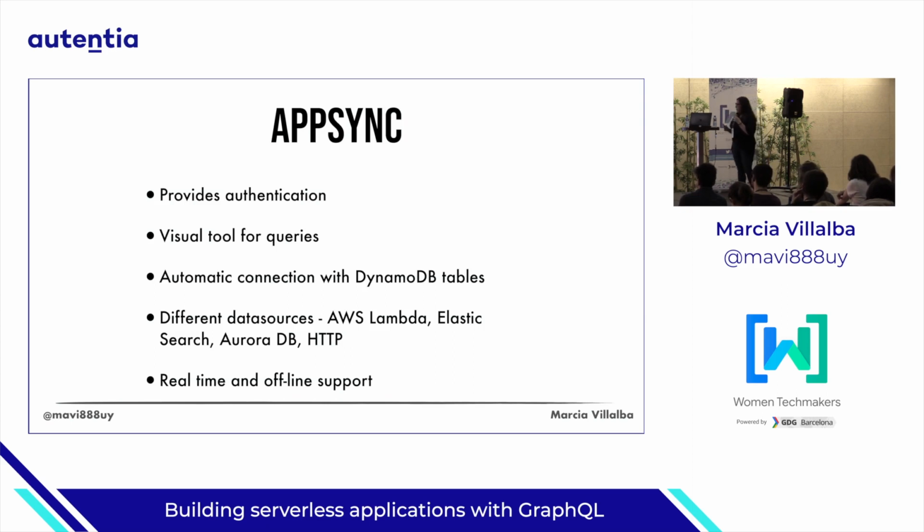It also supports real-time. That's the subscription part that I said is not available in all implementations of GraphQL. This is available in AppSync. You can create subscriptions, and it works. It also provides offline support, so if your clients modify data while they're offline, it will sync automatically on the backend when they go online.